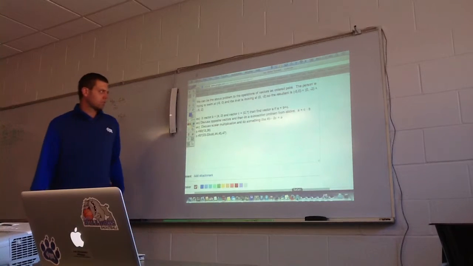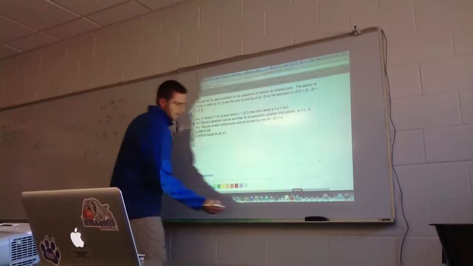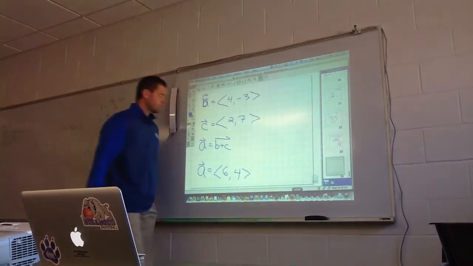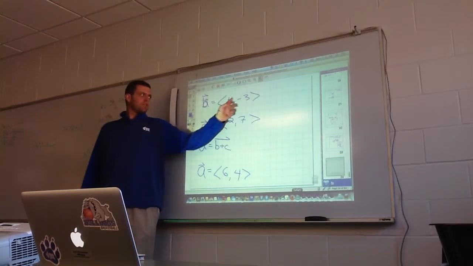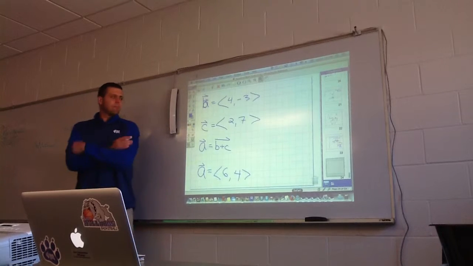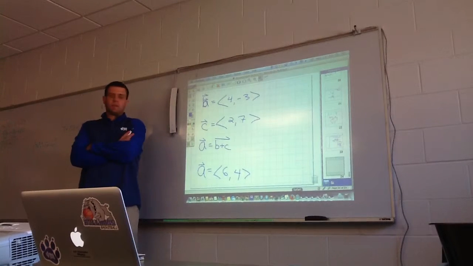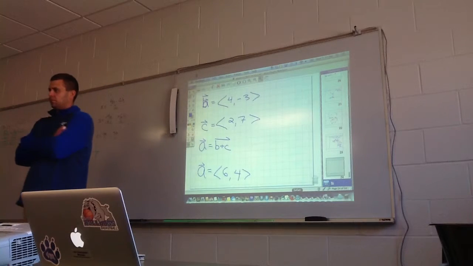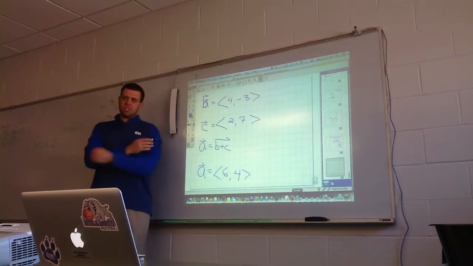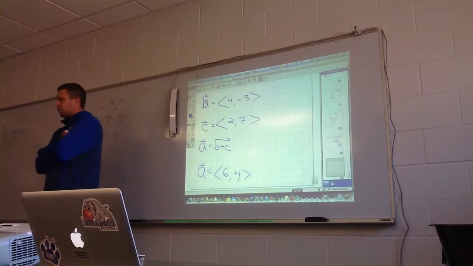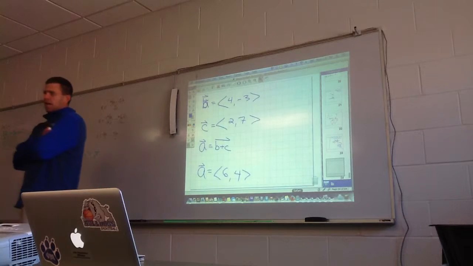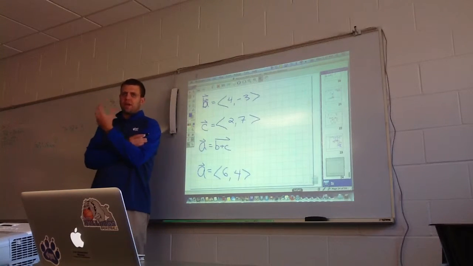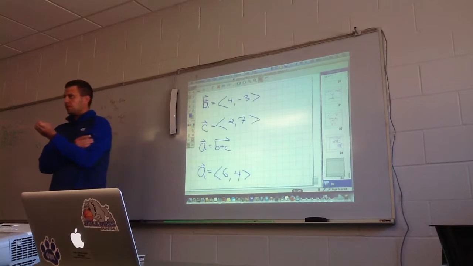Opposite vectors. If vector B is 4, -3, what's the opposite of vector B? -4, 3. What's the opposite of vector C? -2, -7. You just change the x and y values to their opposites.